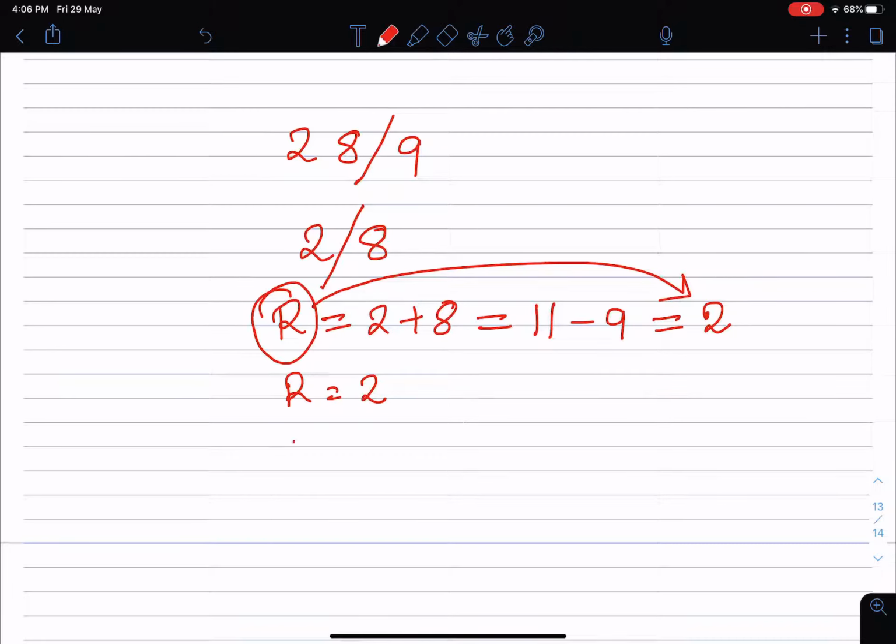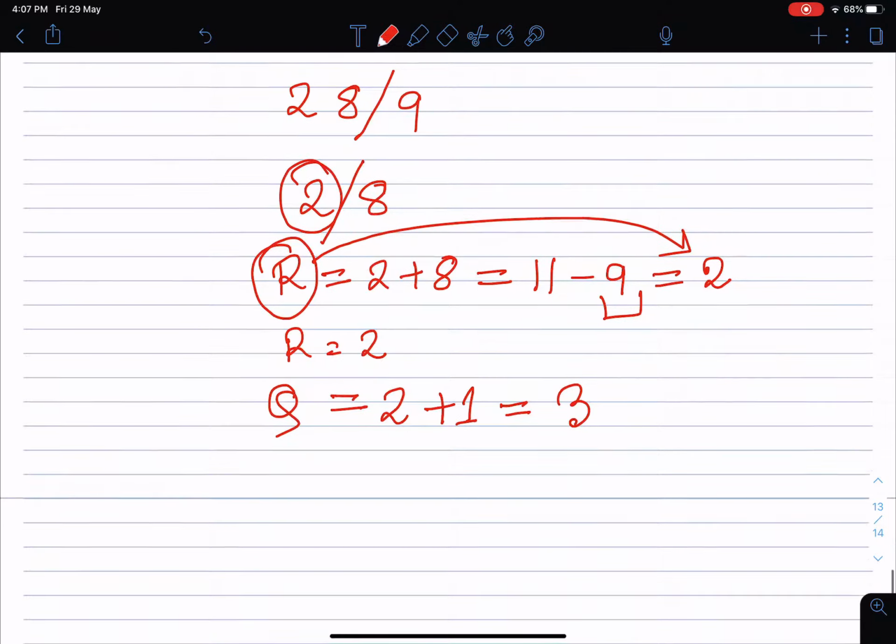Now what about the quotient? Earlier in the left hand side, 2 was there. So 2 will be there, plus, since we subtracted only one 9, 1 will be added here. So the Q will be 3.